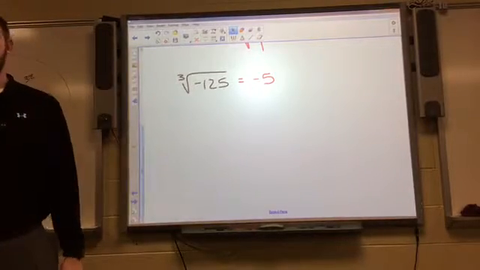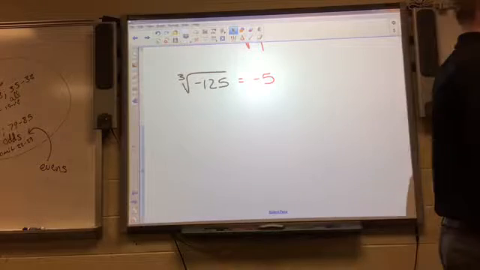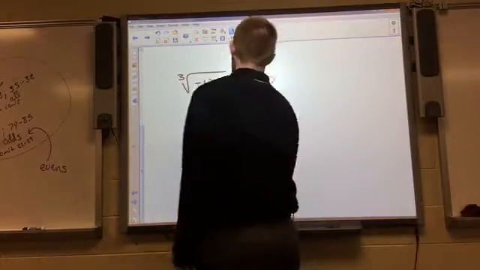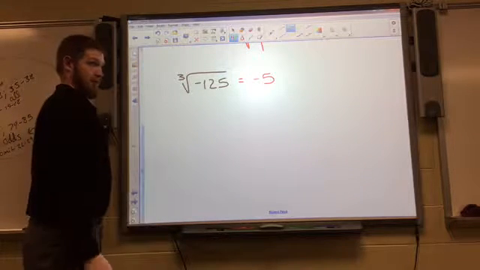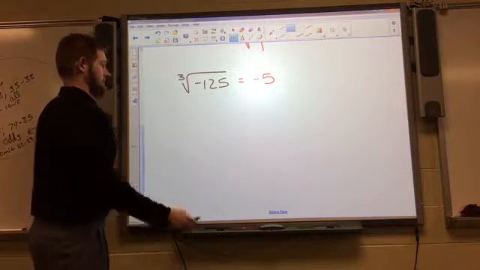You can do this in your calculator, so grab your calculators real quick if you have them. Most of you have the TIs that I have. Some of you with the Casios and graphing calculators, it's a little bit different.